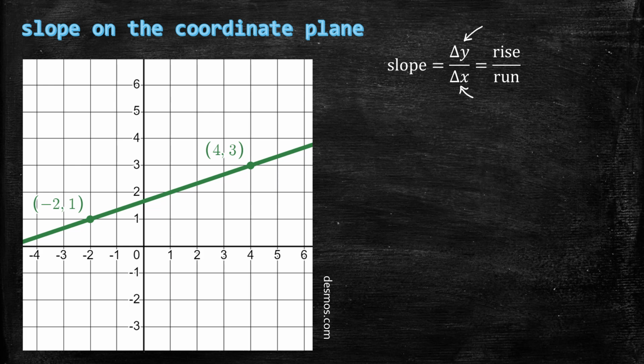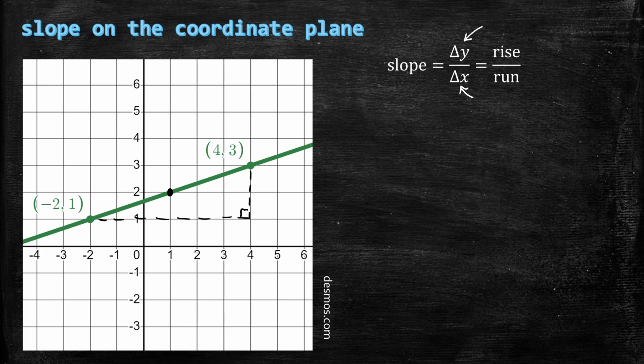So we can see for this, let's have a look here now. If we just create a triangle with these 2 points, we have the coordinates of 2 points and we're trying to find the slope. We could pick any 2 points on this line to calculate the slope, but I've picked the ones that are shown to us here. So we could have also used this point here, which looks like it's at 1, 2.